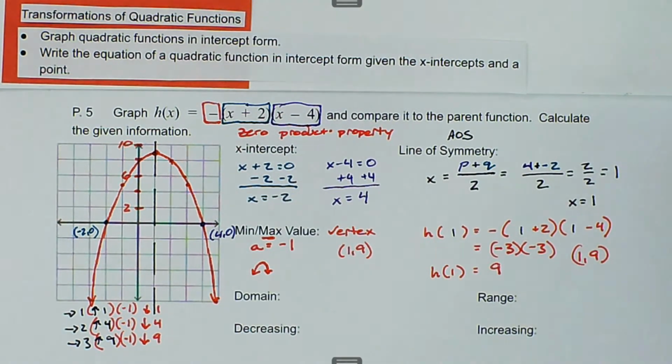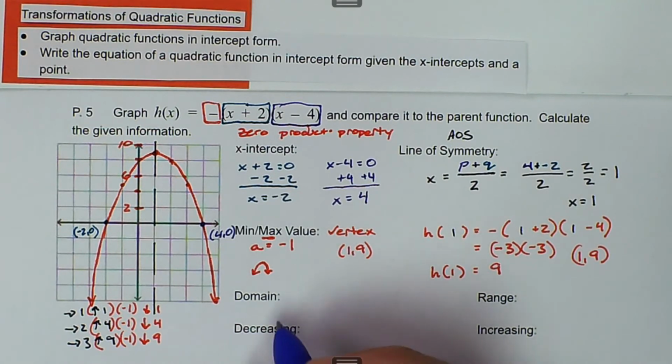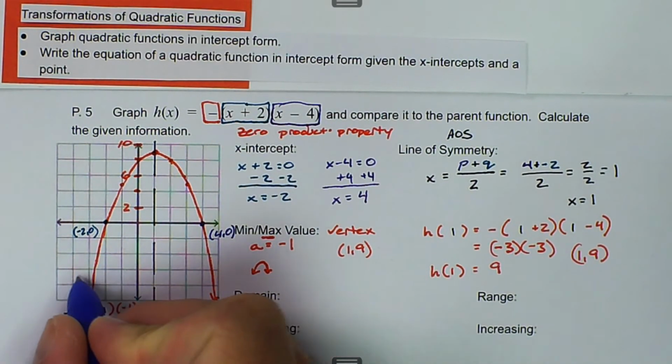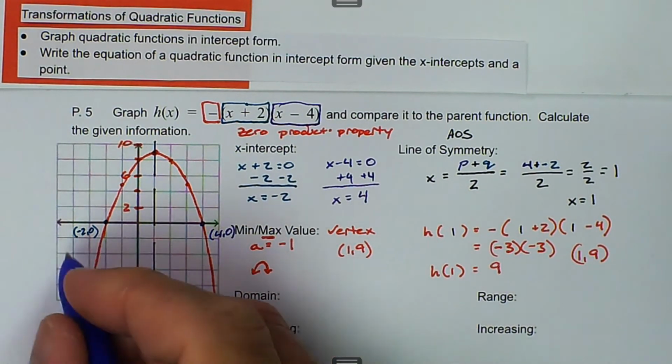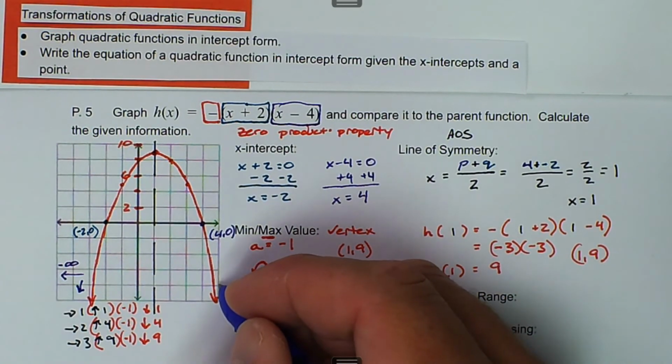And then the last thing that we can look at is the domain and the range. So again, this arrow here has an x component and a y component. So that means that it's going to continue to negative infinity, and this one means it's going to positive infinity.